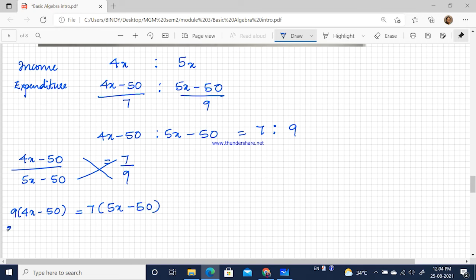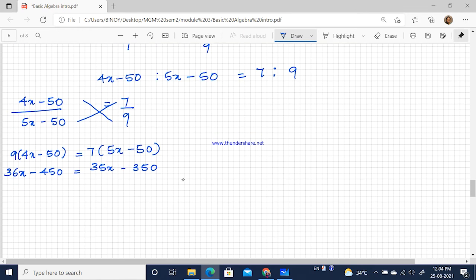So expanding, 36x minus 450 is equal to 35x minus 350. So taking all the x to one side, that is 36x minus 35x is equal to 450 minus 350.